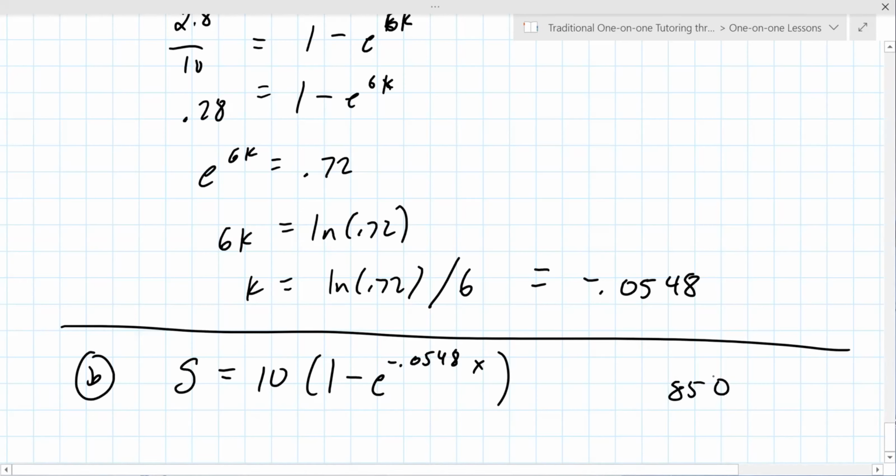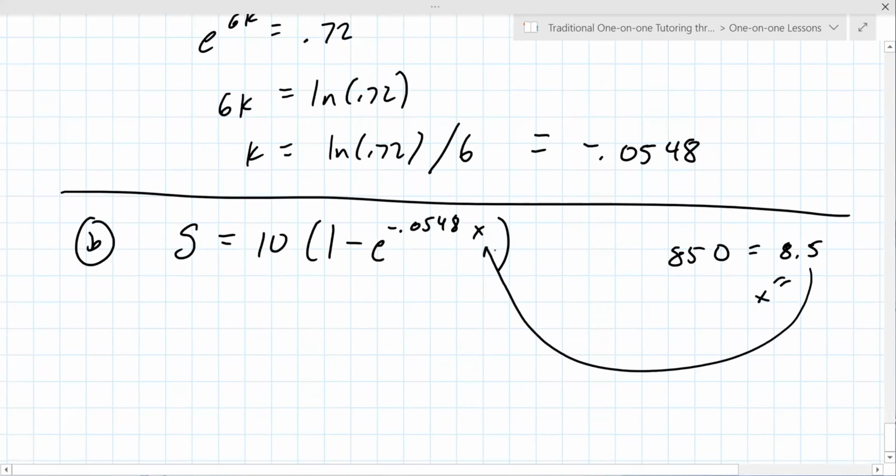So 850 is 8.5 for X, because it's in hundreds. So you put that number in there. You have to be careful here, because whatever your answer is, you have to multiply by 1,000.